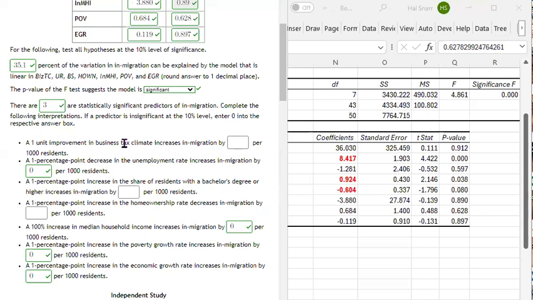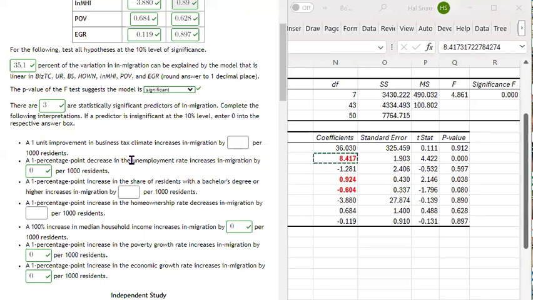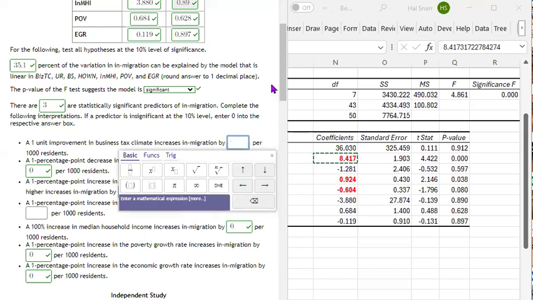So now we have to interpret the results of the ones that are significant. We're going to copy it. That implies that a 1 unit improvement in the business tax climate index increases in migration by 8.417 people per 1,000 residents.